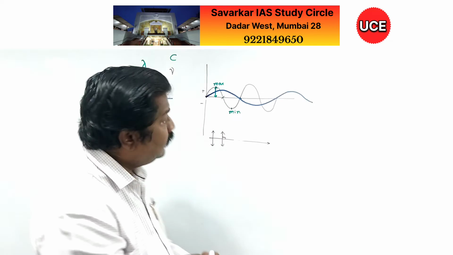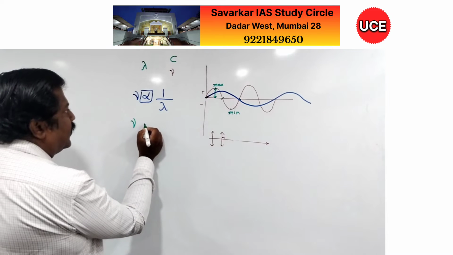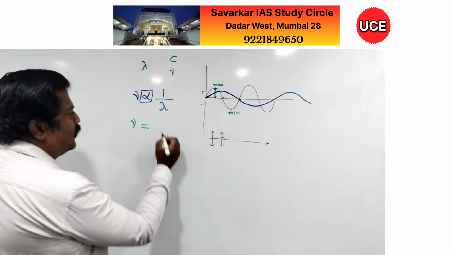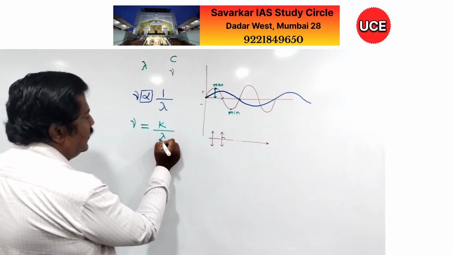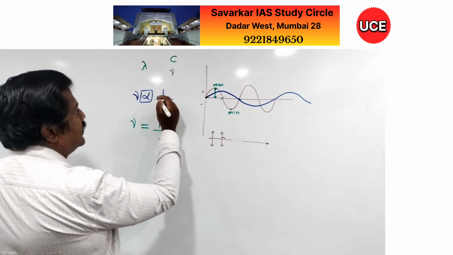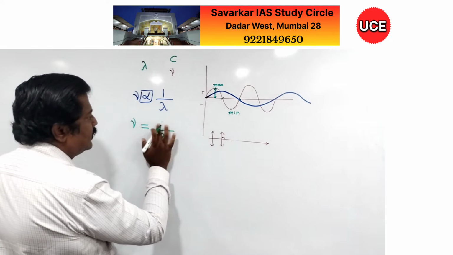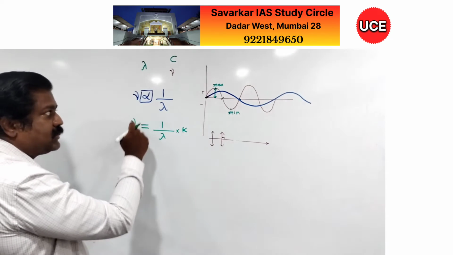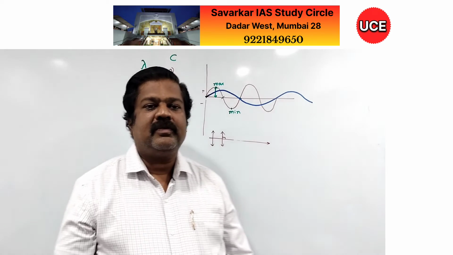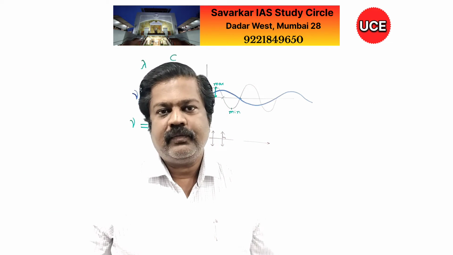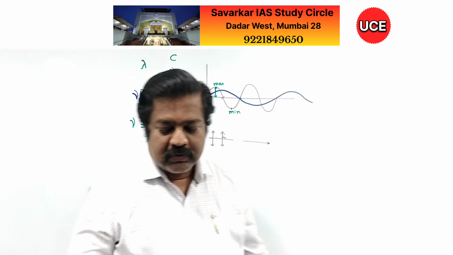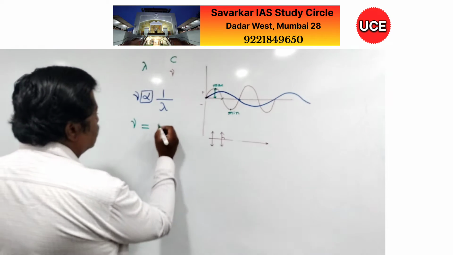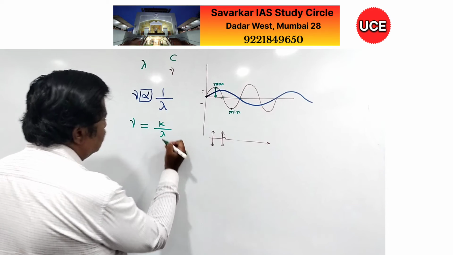So nu is proportional to 1 by lambda, and we put an equality sign and a constant. So in short, nu is equal to some constant into 1 by lambda.